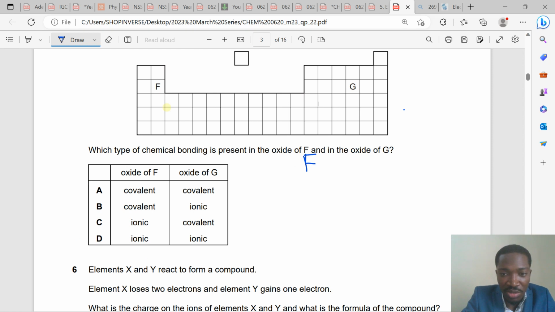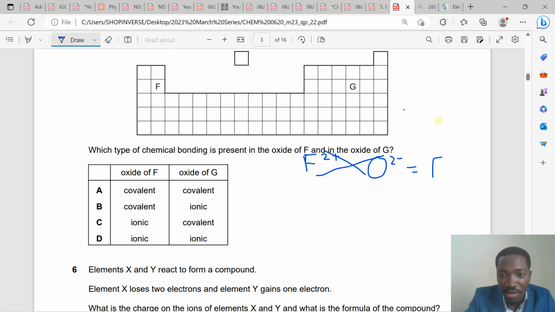That means we are expected to have F2+, right? Now, F2+ reacts with oxygen, and the oxidation number of oxygen is 2−. When F2+ reacts with O2−, there will be transfer of electrons. The 2 electrons of the oxygen will be transferred to F, with the assumption that we don't know what F is.